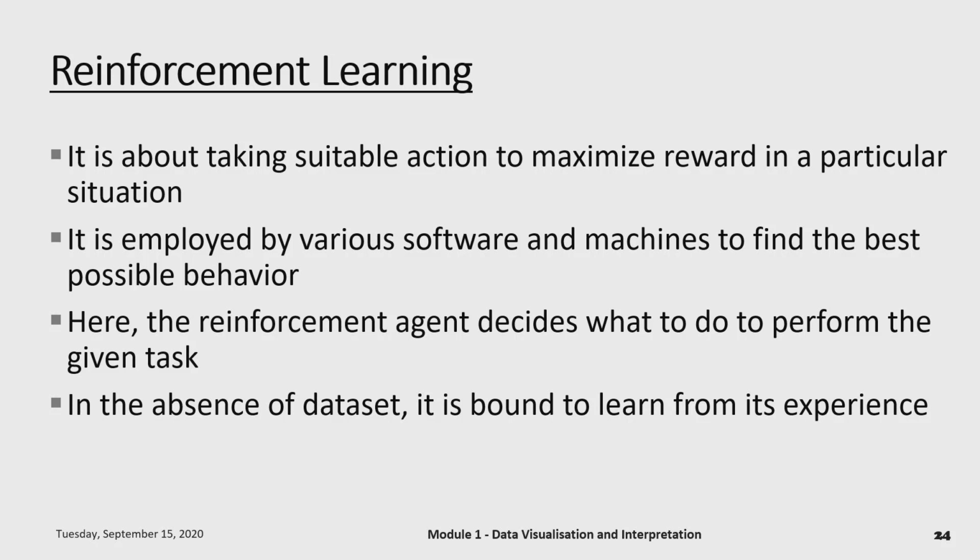Remember the definition of machine learning: a particular task is given as T. Based on his experience E, he tries to improve his task so as to reach the goal. In the absence of a data set, no data set or prior knowledge will be provided here, so it is bound to learn from its experience.